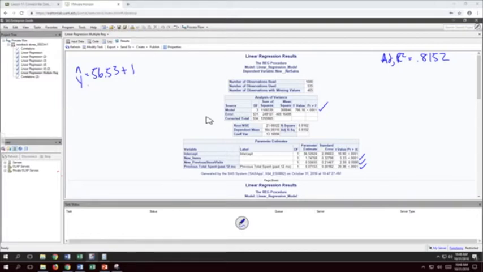We add on $1.75 for every item. We add on 56 cents for every store visit. And we add on 7 cents for every dollar that they've spent in the past.